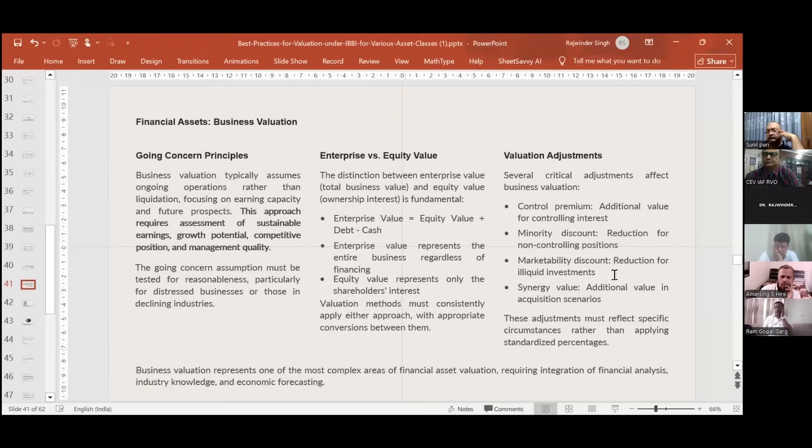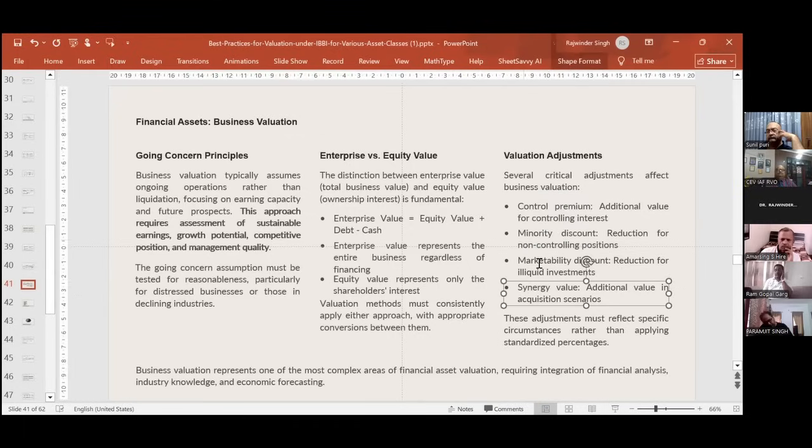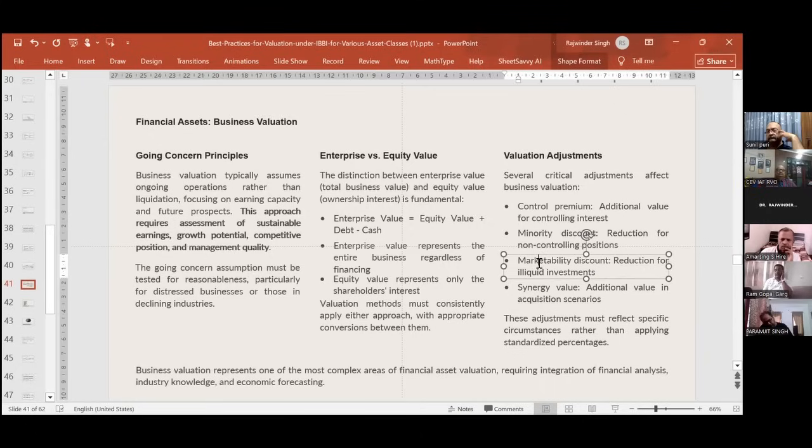Then, as a valuer, you must understand the valuation adjustments for a particular assignment. Several critical adjustments affect the business valuation. First thing is control premium, additional value for controlling interest. Then minority discount, reduction for non-controlling positions. Then marketability discount, that is reduction for illiquid investment.